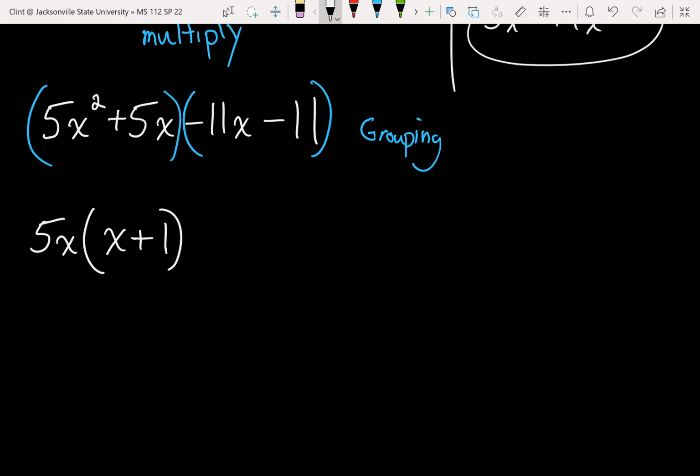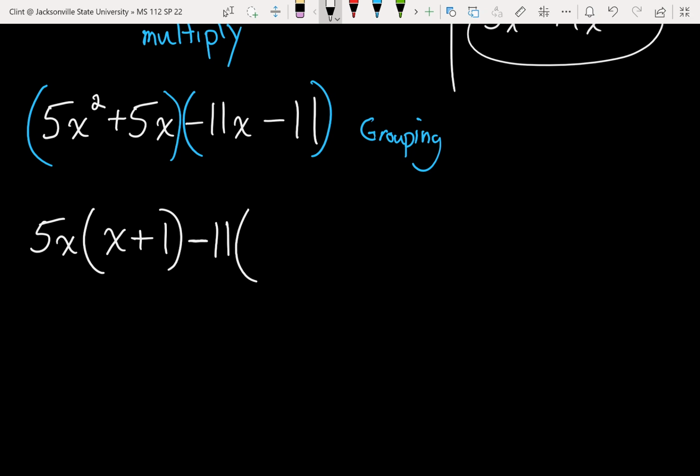Second set of parentheses, this one may be a little tricky with the signs. We're trying to make our parentheses turn out to be x plus 1. Right now the numbers in there are negative, so we've got to switch the signs around. So I'm going to factor out a negative number to change the signs. Then the number I see in common is 11.